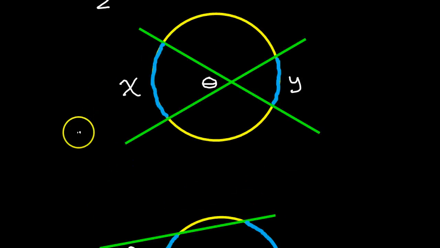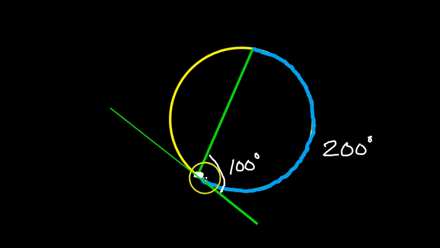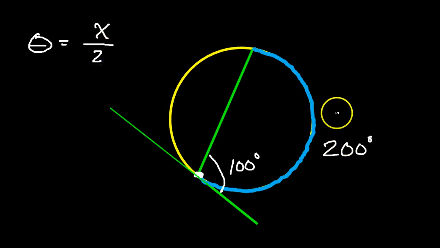And when the angle is right on the circle, then of course that's an inscribed angle, and the angle is half the arc. If you wanted a little formula for that, you could say the angle is equal to the arc divided by 2. If x here was the arc, the angle would equal arc divided by 2.